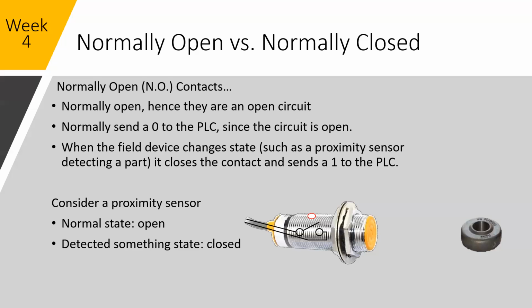This is for almost any device that'll have contacts on it. So motor contactors, your run status, fault contacts on devices. Normally open is just you expect the input to be low and close when the signal is active. Any questions?